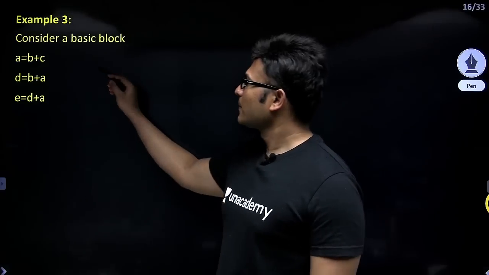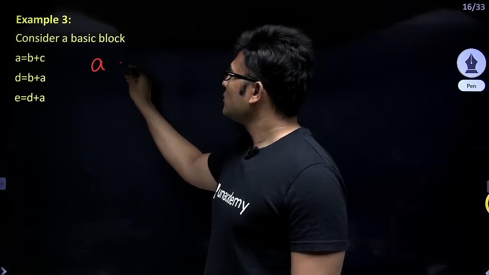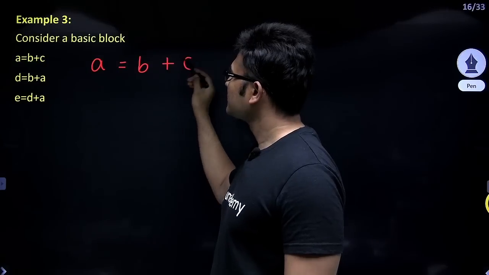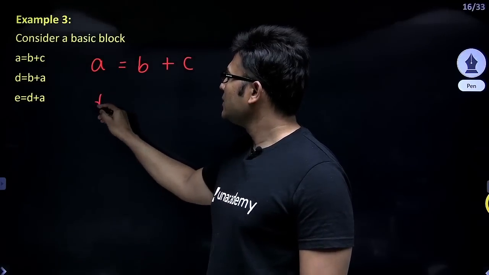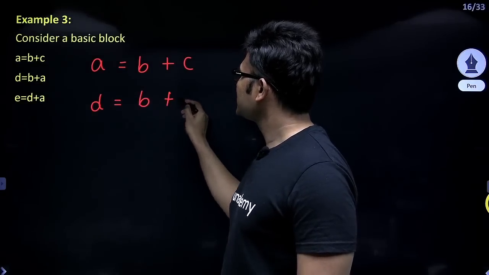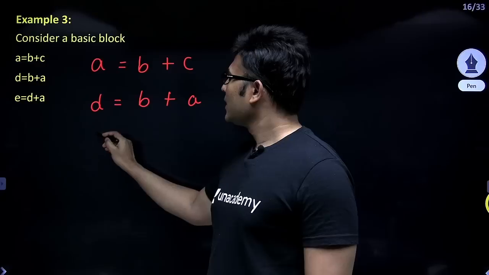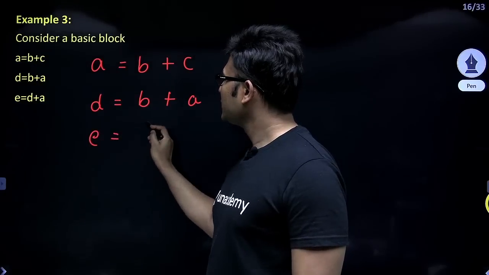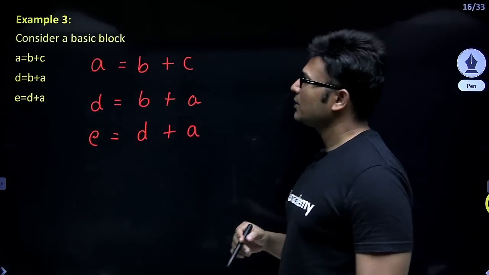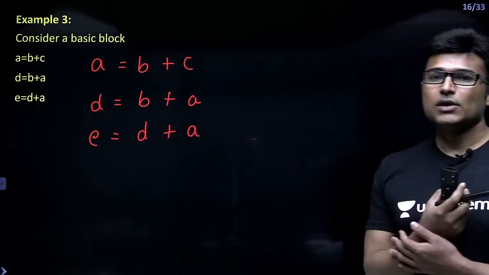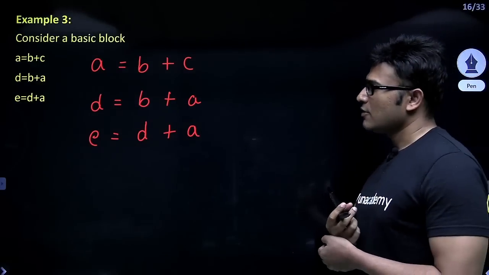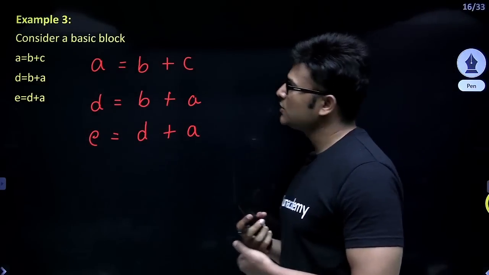So we have A equal to B plus C and D equal to B plus A, and then E equal to D plus A, right? So whenever any basic block is given, you have to identify whether the variables are changing or not.